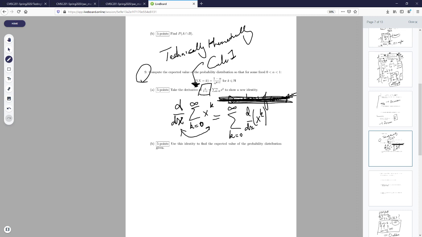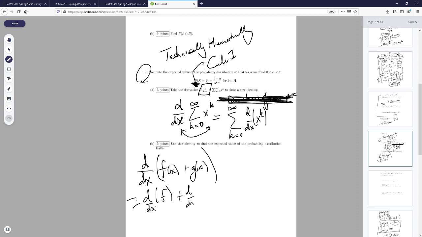So if you remember the thing where it says the derivative of, say, f of x plus g of x, you would say, oh, well, that's just the derivative of f of x plus the derivative of g. And now, you might say that's true most of the time, if the derivatives both exist.